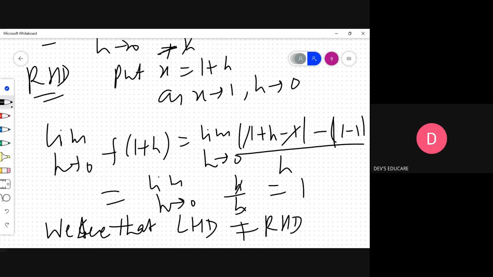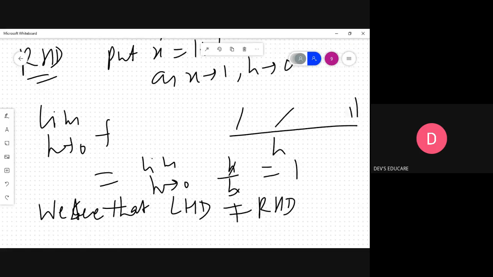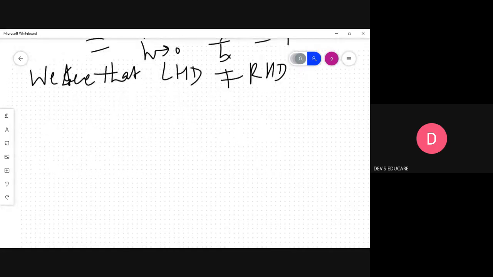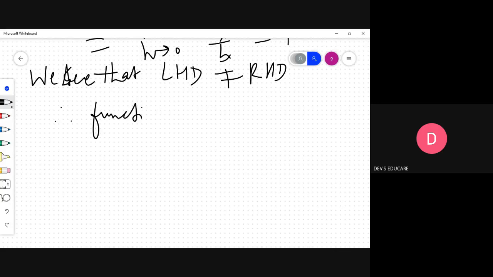Therefore, the function is not differentiable at x equals 1.